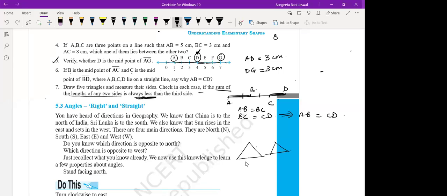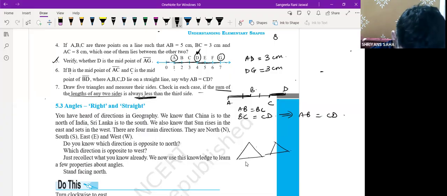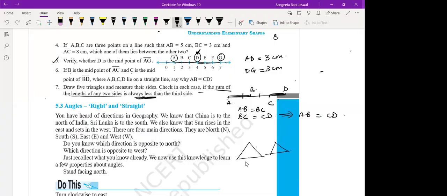It's never less. Check out, Nishika and Adya, whatever triangle you make, whether you are making some isosceles triangle or scalene or any triangle, the sum of two sides will always be greater than the third side.